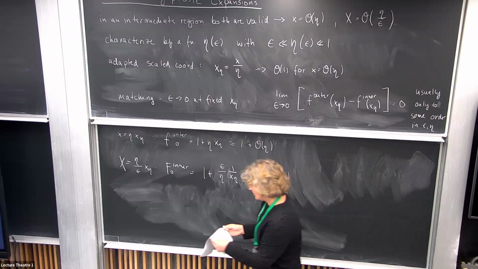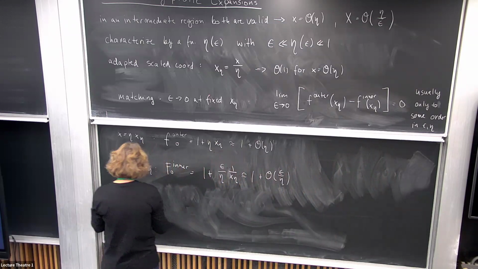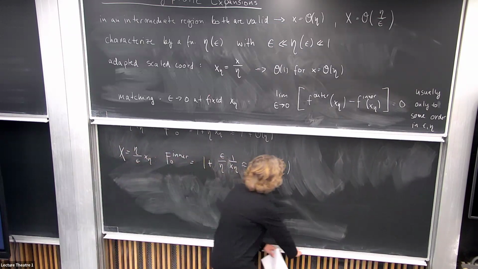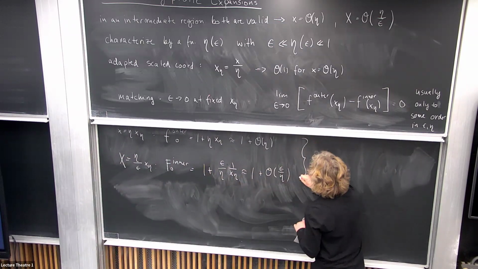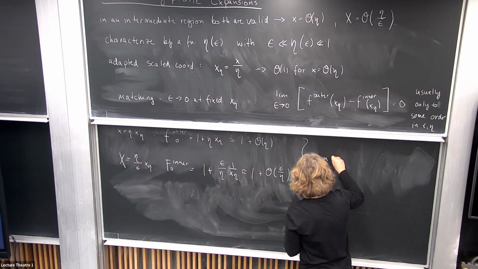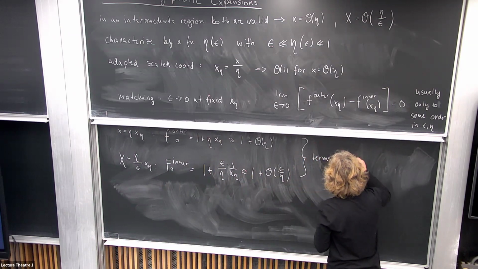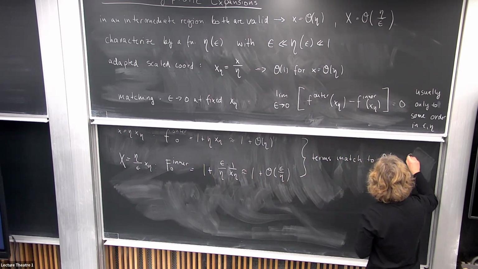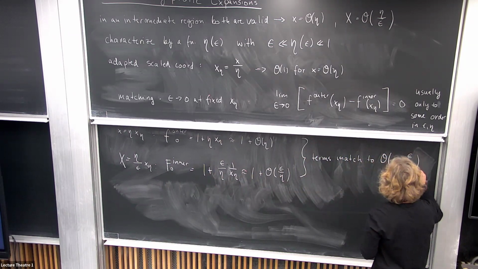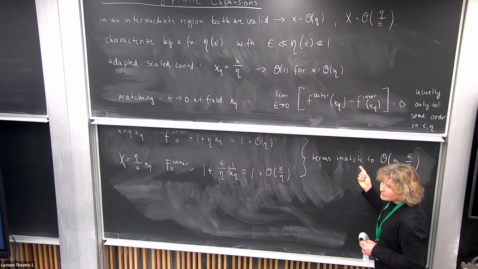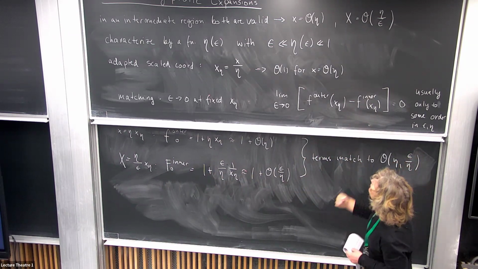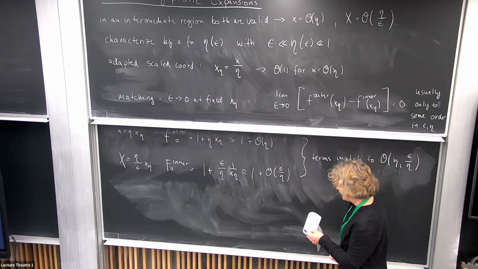Okay, so now the final step is, maybe let me also write down, so you have it in your notes, terms match to order 8. And as we argued, this can be achieved for eta between epsilon and 1, and for a range of it.